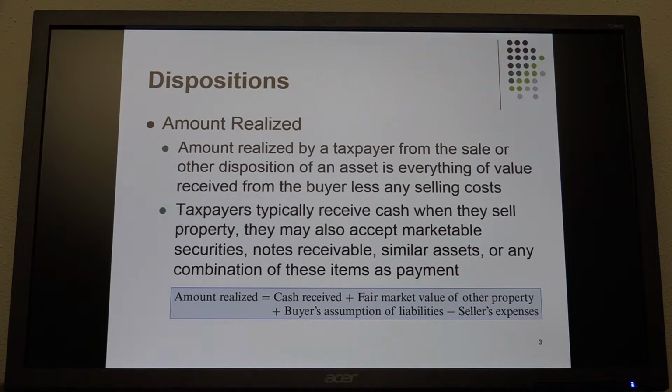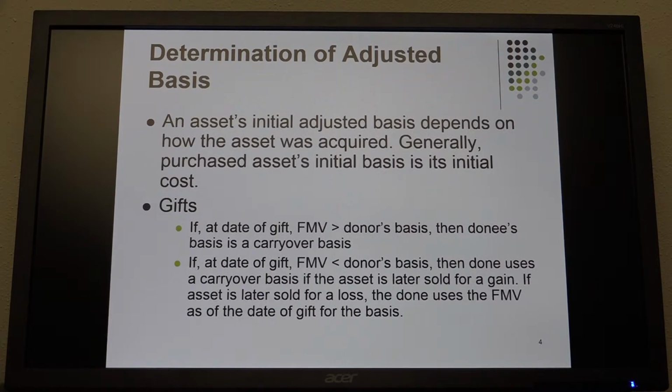It's as if the buyer gave $10,000 to the seller, and the seller taxpayer turned around and paid off that liability. So that's why you include the buyer's assumption of liability in the transaction of the seller as amount realized.